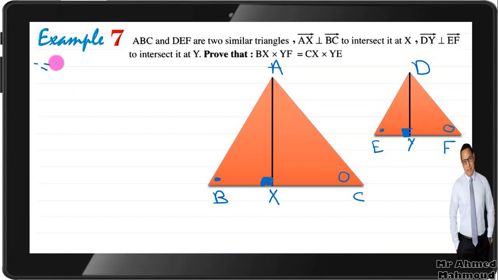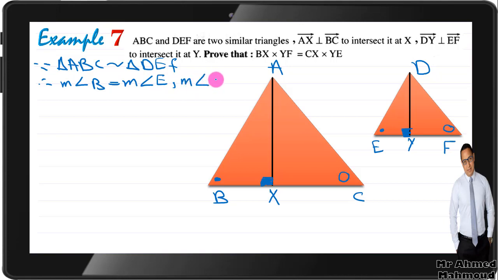Since triangle ABC is similar to triangle DEF, therefore measure of angle B equals measure of angle E, and measure of angle C equals measure of angle F. Since AX is perpendicular to BC, therefore measure of angle AXB equals 90.